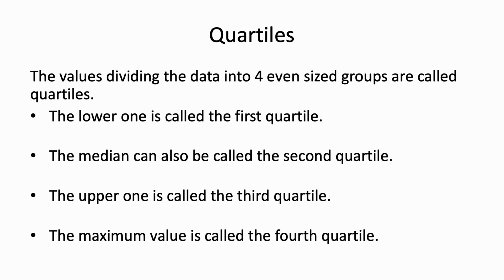The median can be called the second quartile. That's the median of the whole data set. The upper one is called the third quartile, and then we didn't plot it, but the maximum value would be called the fourth quartile. But that's not necessary to plot because we just know it's the highest value.